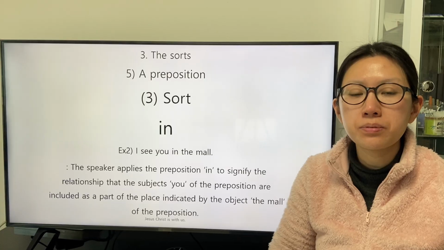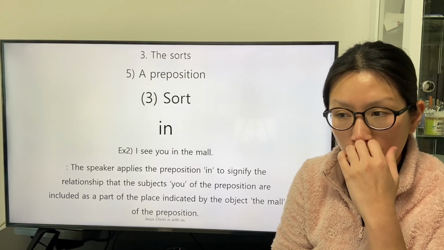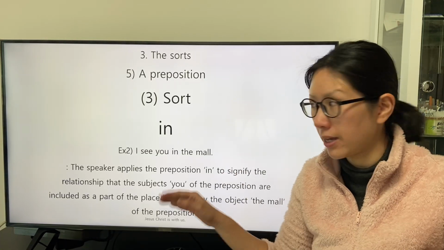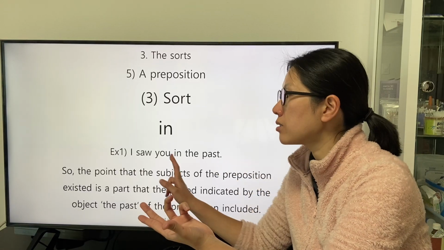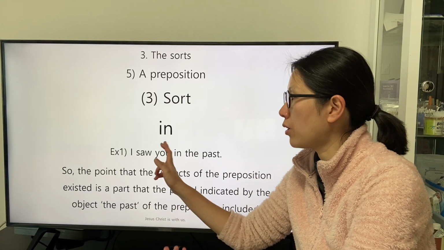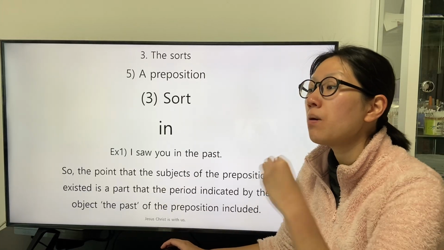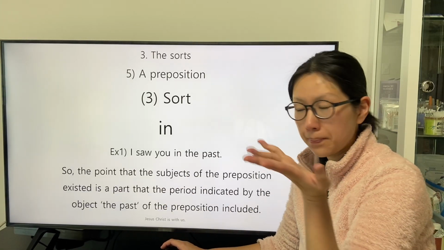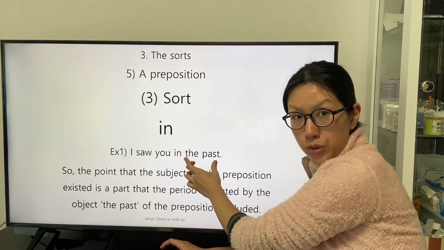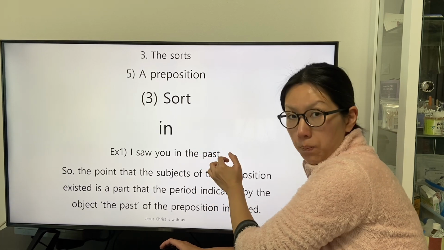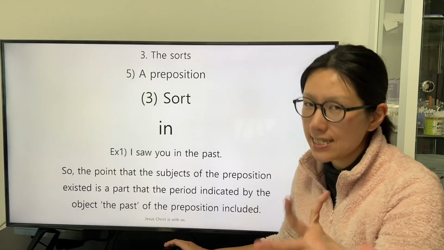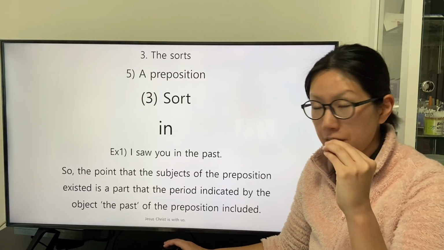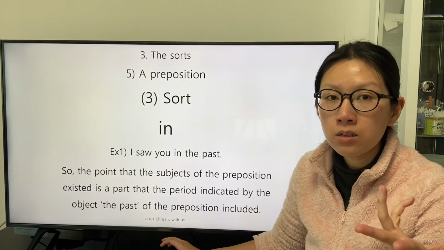So we can understand that the speaker focuses on the existences of the listeners from the time according to the object when the listeners existed by the definition of the preposition in.